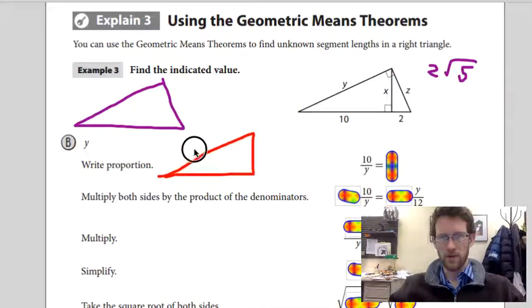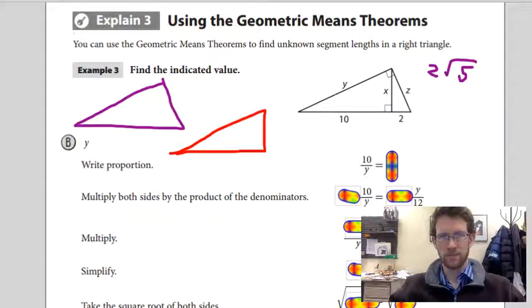Okay. I know that these two triangles are similar. That side corresponds with this side. This angle here corresponds with this angle here, and this angle here corresponds with this angle here.